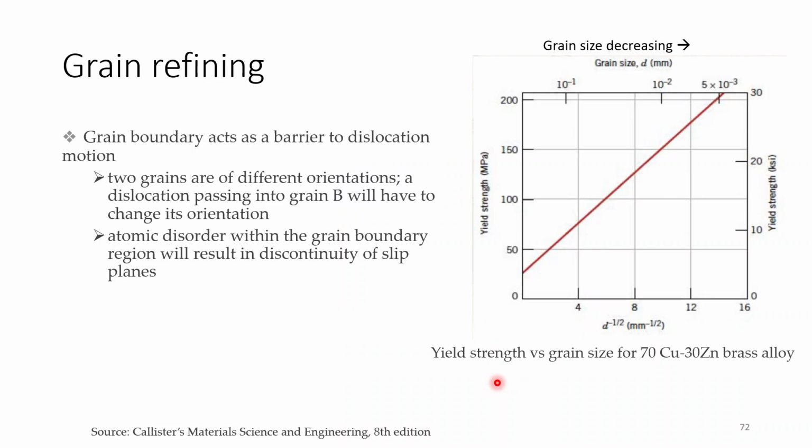In grain refining, the grain boundary acts as a barrier to dislocation motion. The 2 grains are of different orientations, and a dislocation passing into grain B will have to change its orientation. The atomic disorder within the grain boundary region results in discontinuity of slip planes.